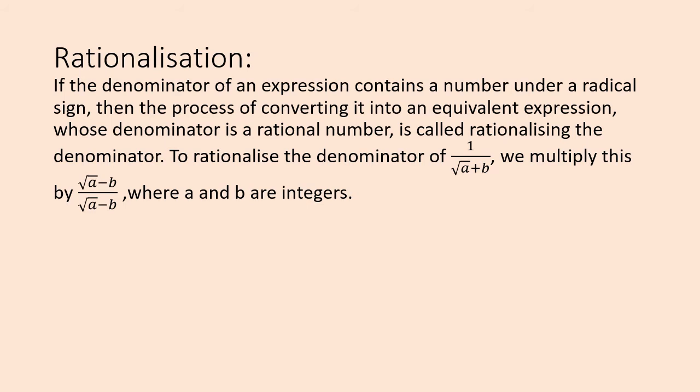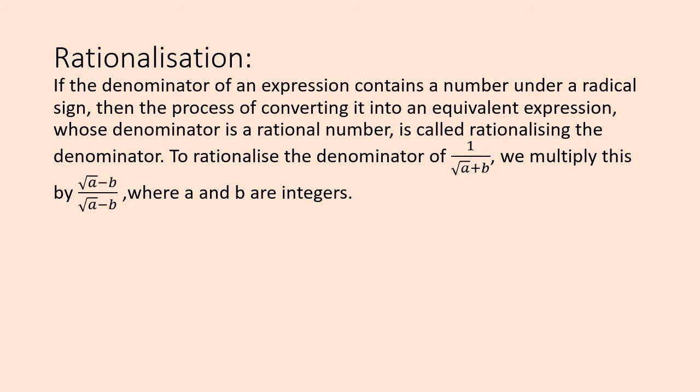To rationalize the denominator of the form 1 upon root a plus b, we multiply this by root a minus b upon root a minus b, where a and b are integers.